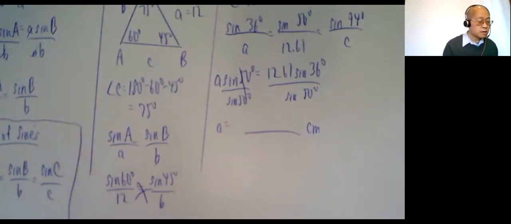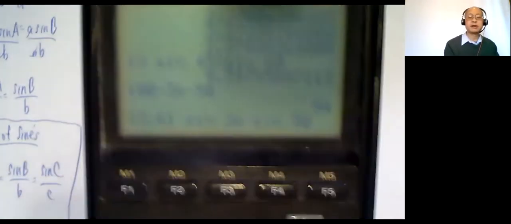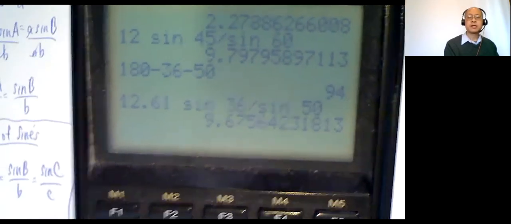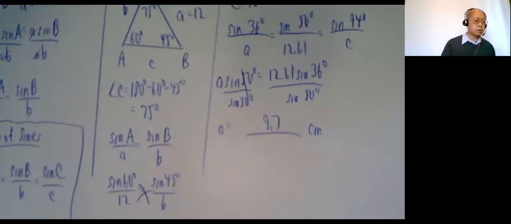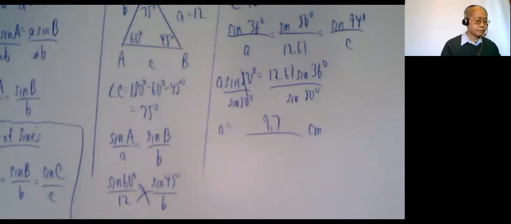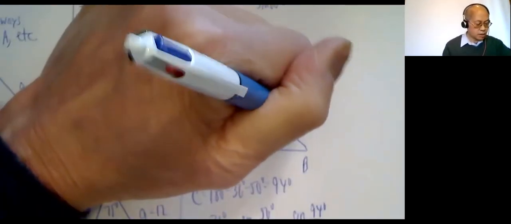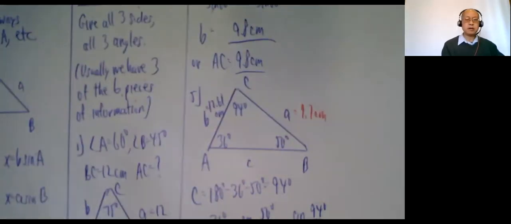Oops, yes, it is 50. 9.67 means 9.7 rounded off. So a is now 9.7 centimeters.